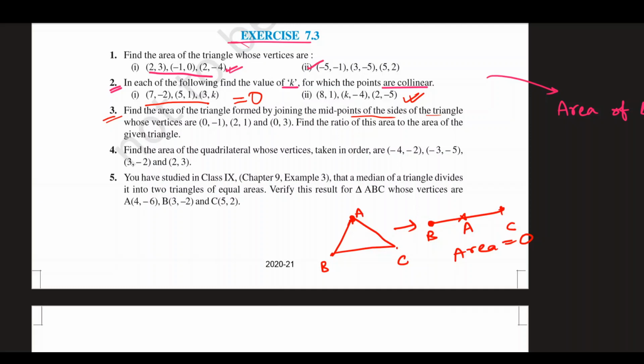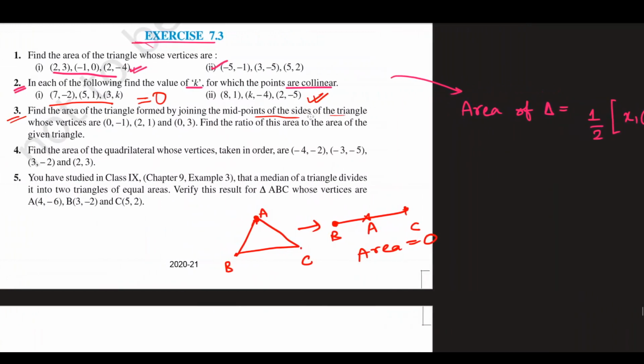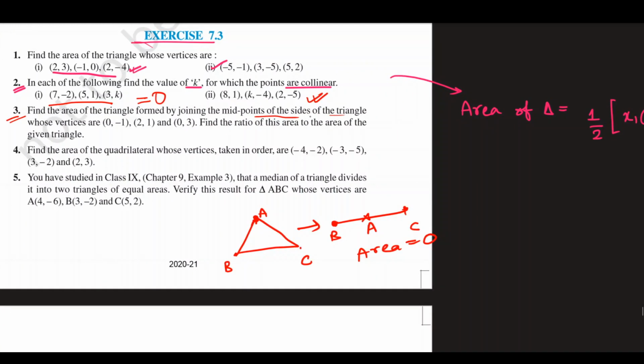Okay, it is a good question. The question says that we have this triangle, suppose ABC, with coordinates 0, minus 1; 2, 1; and 0, 3.